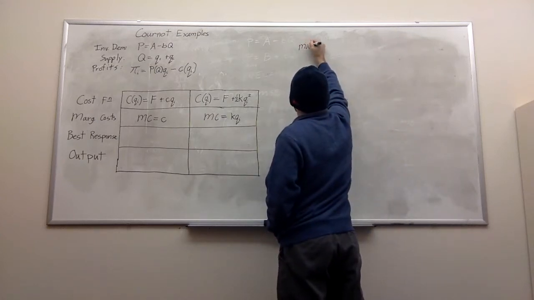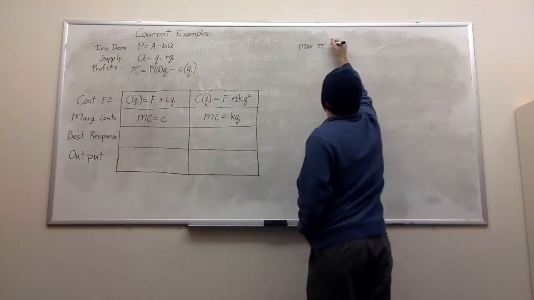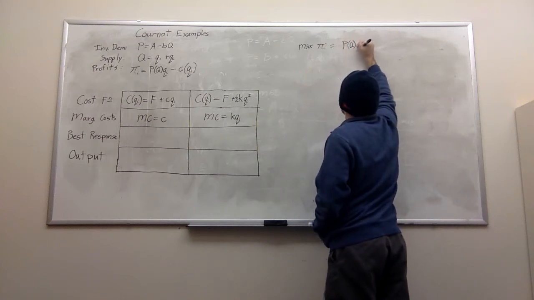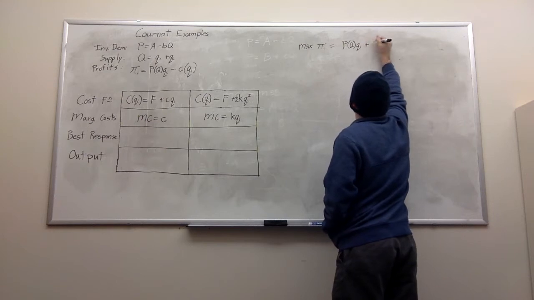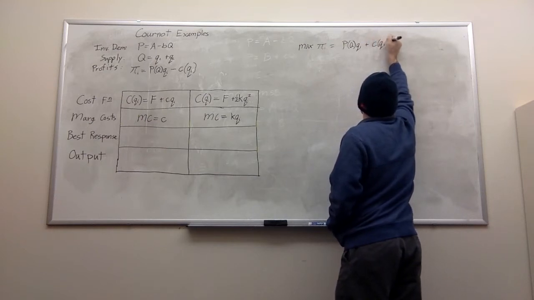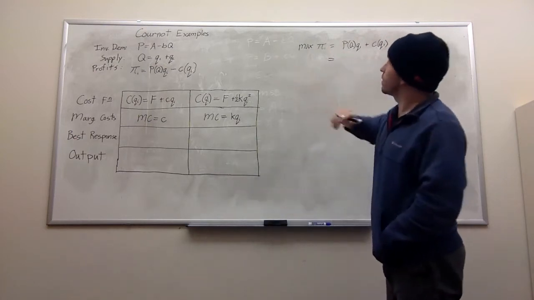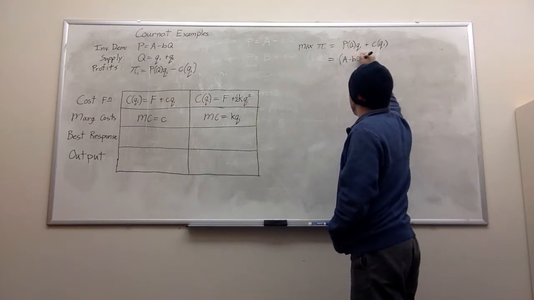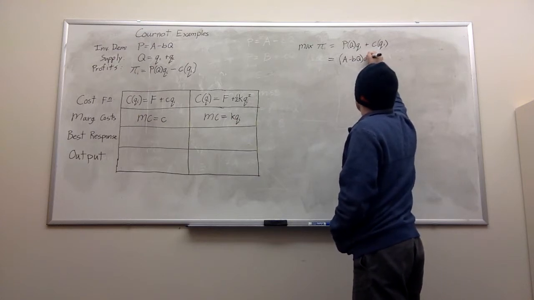So we want to maximize profit for firm 1, right? And that is going to be P of Q times Q1 minus C of Q1, which, plugging everything in here, is a minus b times big Q times Q1.